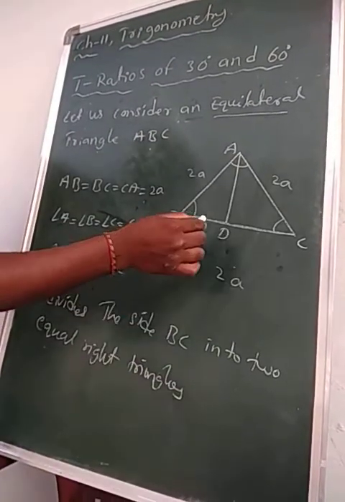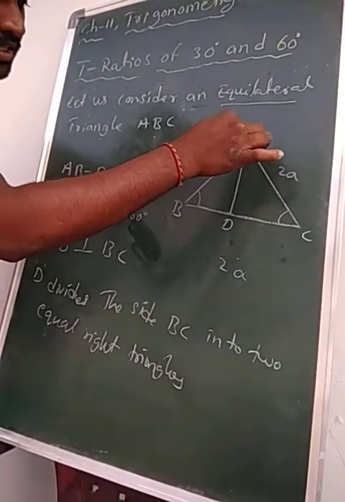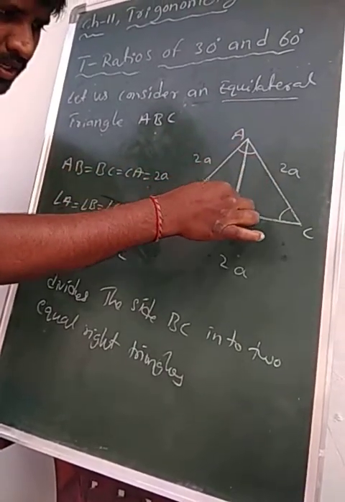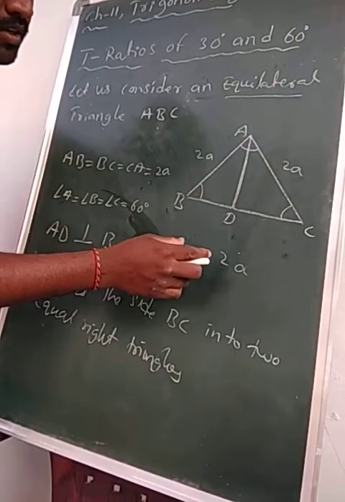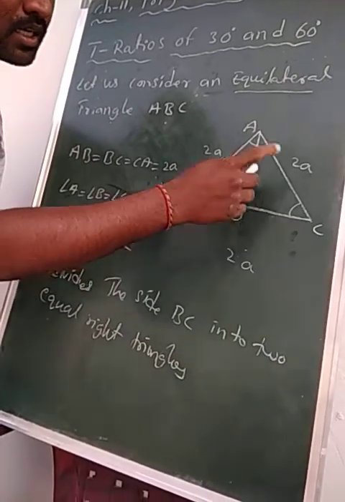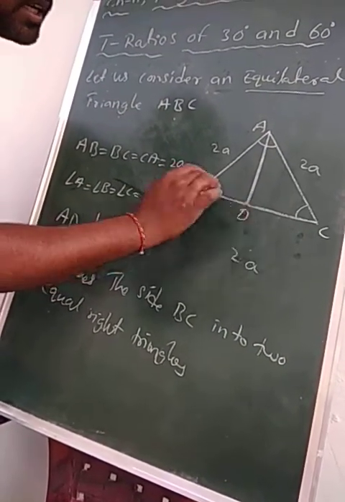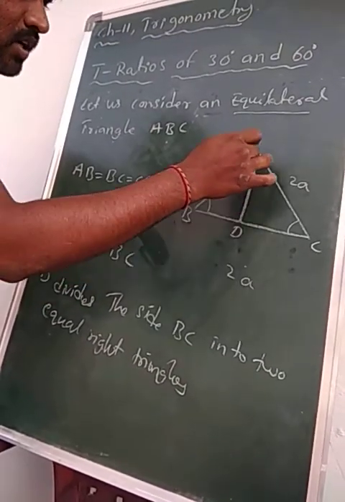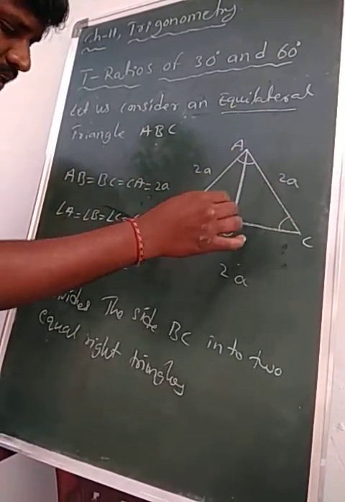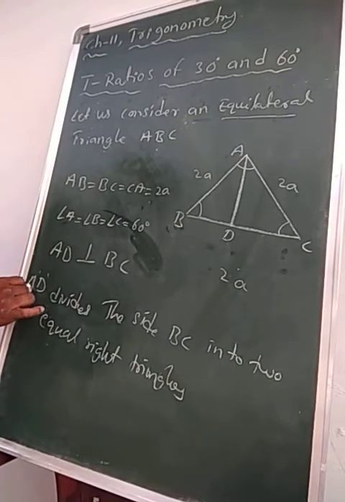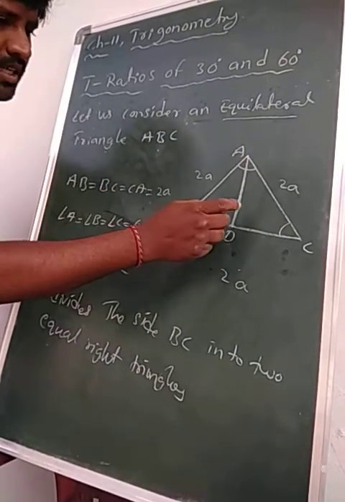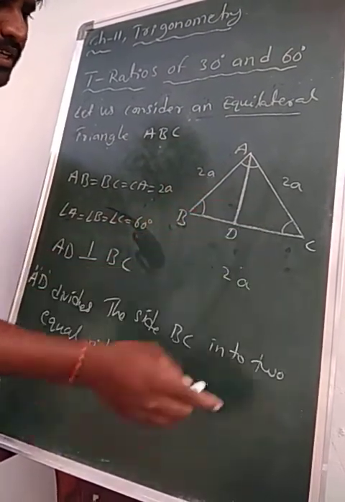AD divides the triangle into two equal right triangles.